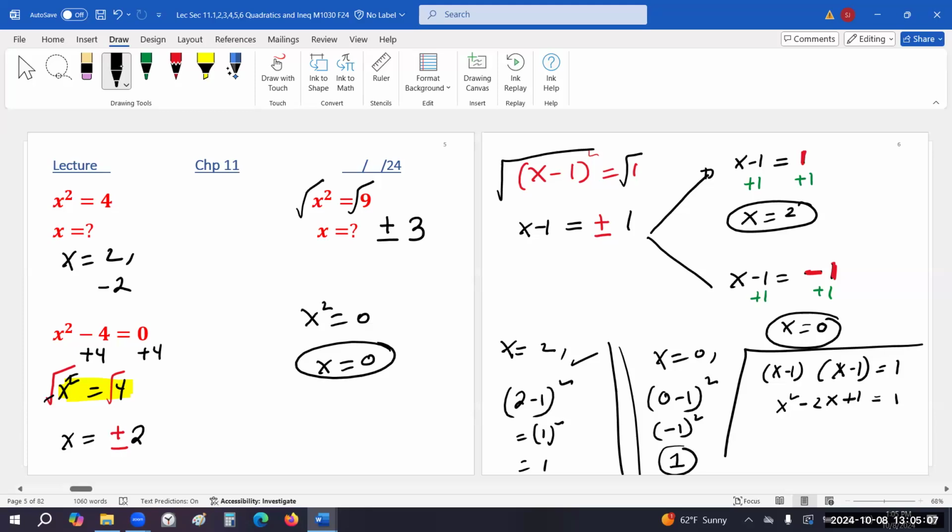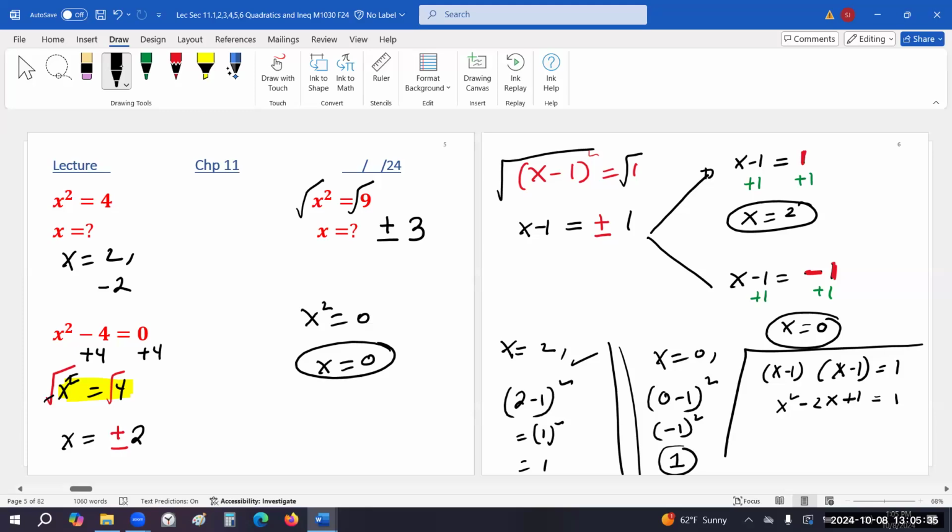Any other question? So bottom line, anytime you take the square root of a variable, the other side of the equal sign must get a plus minus sign. And then from there you solve for x. So you always put the plus minus sign whenever you take any square roots.